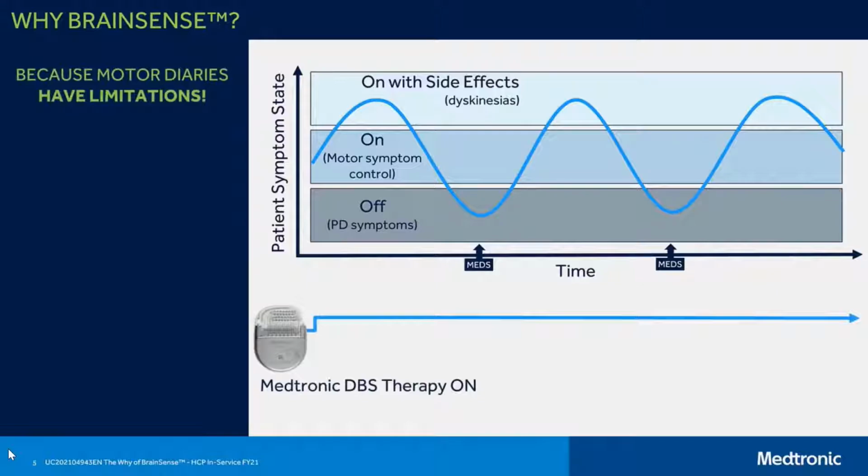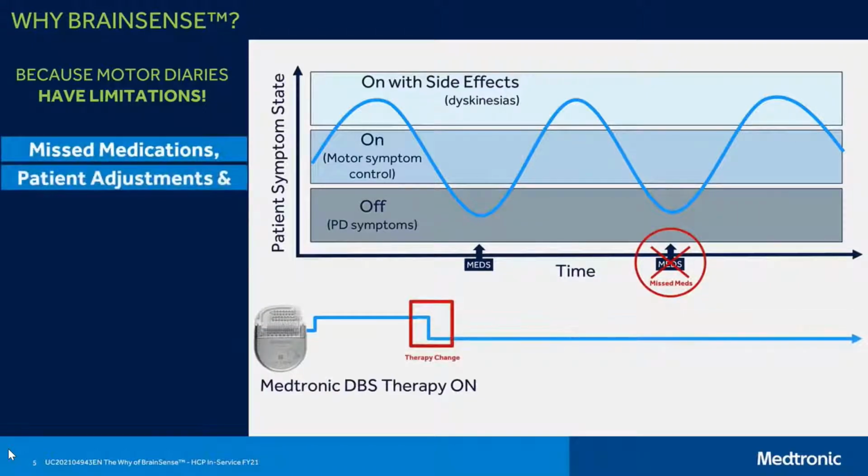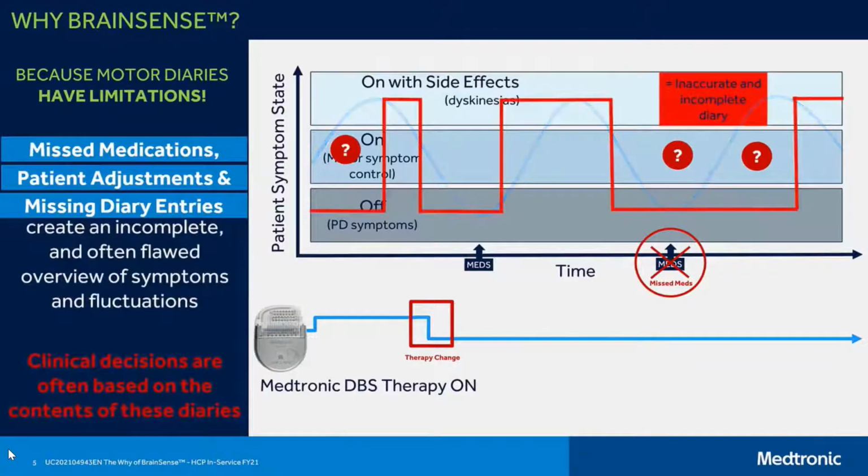And motor diaries, being the de facto standard, absolutely have some significant limitations. When you think about it, missed medications or random patient-initiated changes in stimulation and missing diary entries, you're left with an incomplete and often inaccurate overview of symptoms a patient experiences when outside of the clinic.